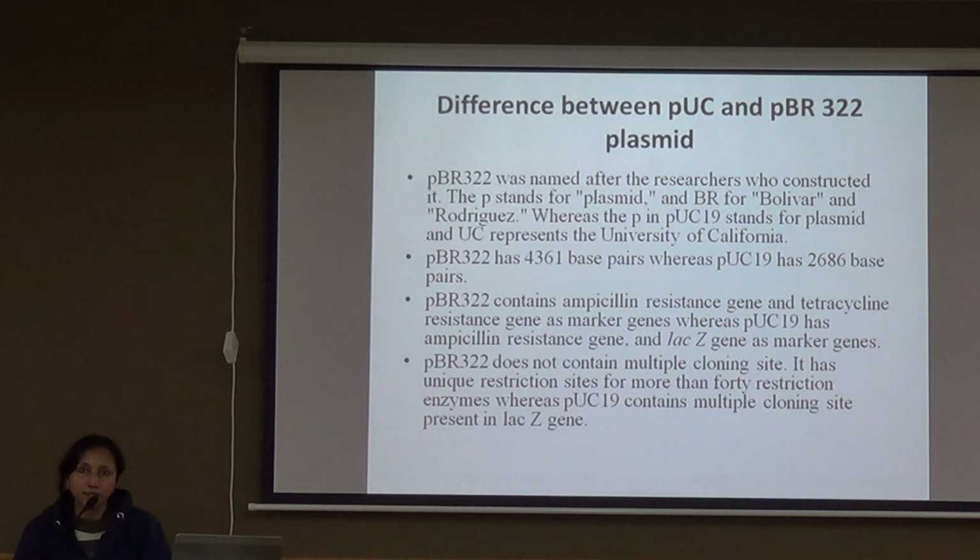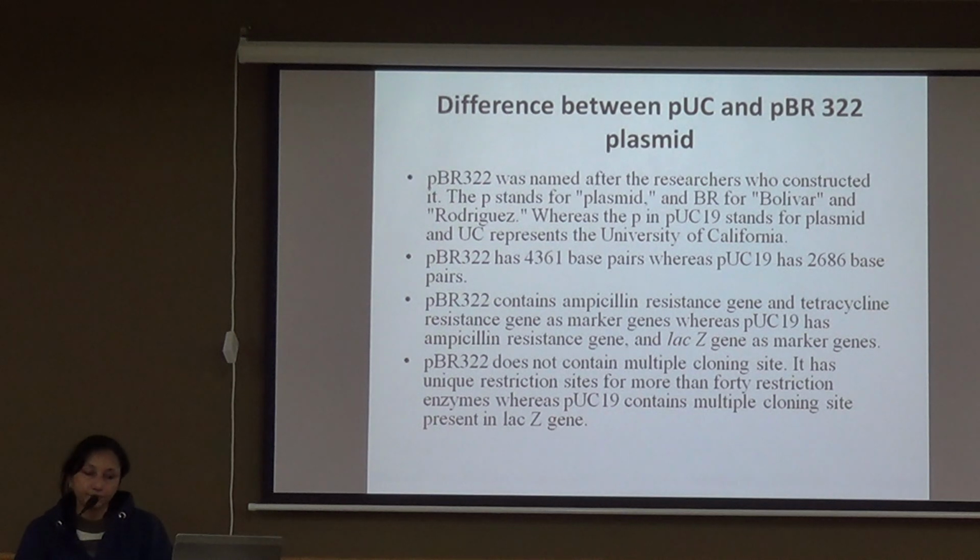It is a necessity that we cleave both the vector and the desired DNA with the help of the same restriction enzyme. Why is it so? Because the same restriction enzyme generates overhangs or sticky ends which are complementary. So joining together of complementary strands becomes very easy. That is why we need to cleave both the vector as well as the desired DNA insert using the same restriction enzyme.